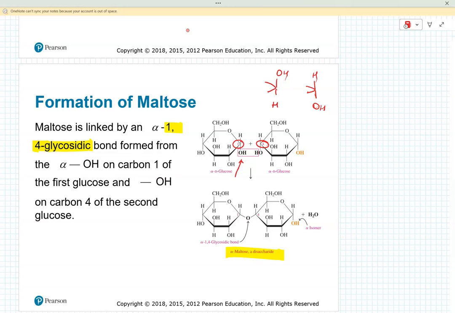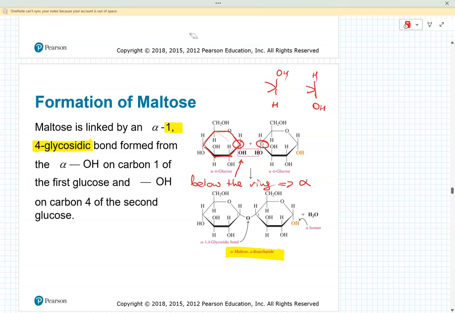So in this example, it is below the ring. We call it an alpha OH group. Is that clear? Can you see that? The ring is just that. This is the ring.